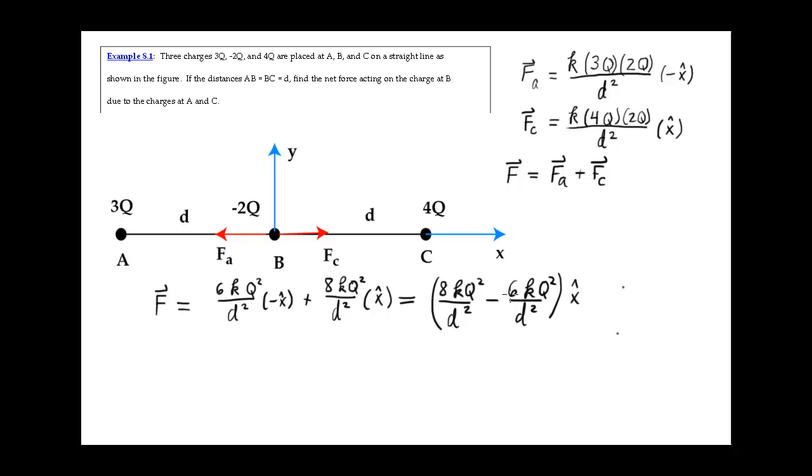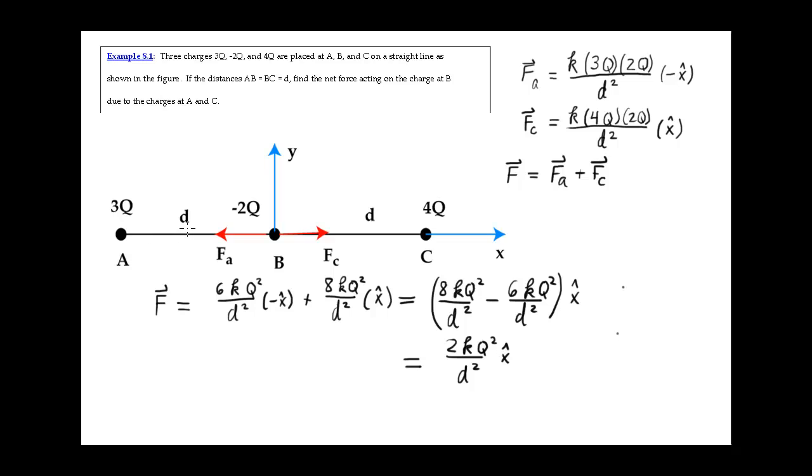So this should be easily seen to be exactly the same as what I had before. And now I simplify this, and I'm going to get the answer, which is about all I can do with this: 2kQ squared over d squared in the x hat direction. And that's my result.